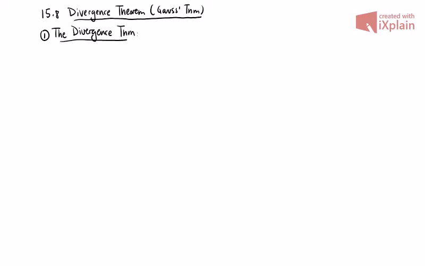So it says the following. Suppose sigma is a surface which completely surrounds a solid D. So what you want to think about here is that D is a solid and sigma is its surface.